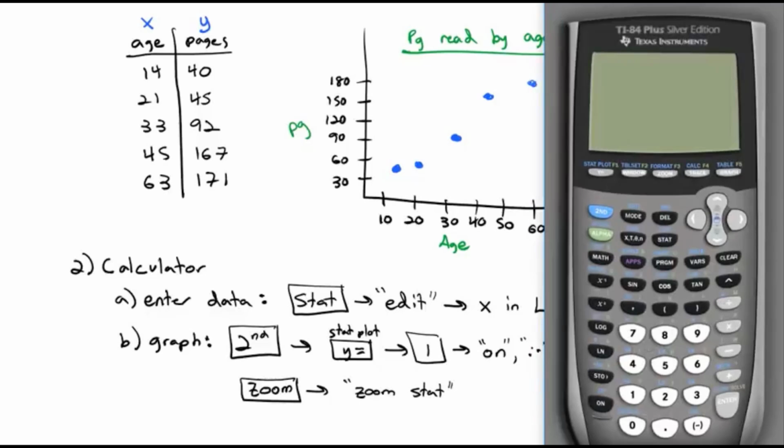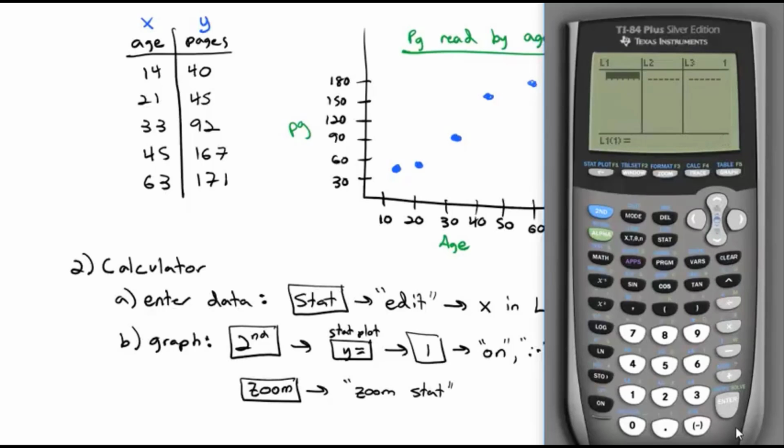So let's look at doing that on our calculator. First, we have to enter in our data. To do that, we'll start by hitting the Stat button, selecting Edit. And there's already stuff in these lists. To clear it out, I'll highlight the list name and hit Clear Enter, and that clears out the list.